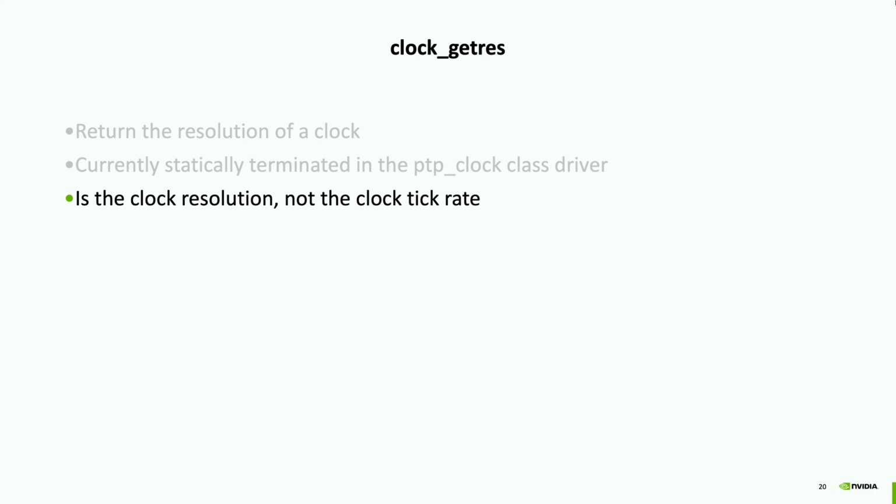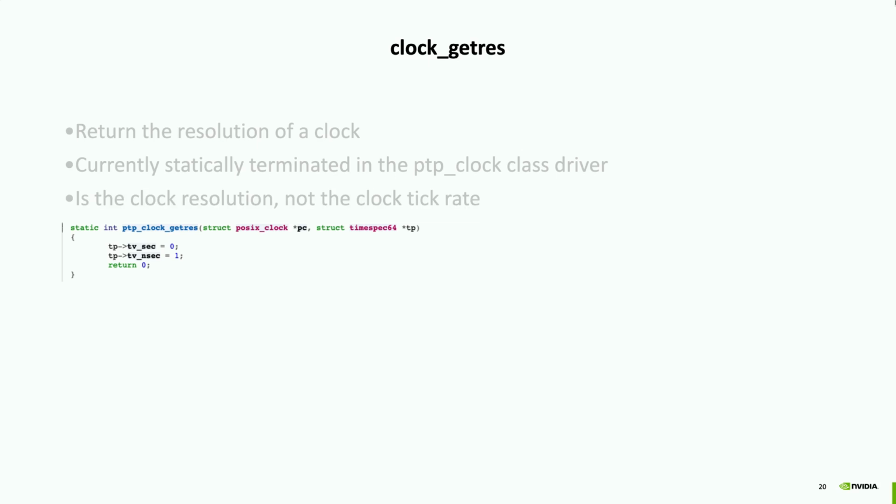So it's not tied to what your clock ticks at, because the devices usually have clocks that tick at 2 nanoseconds, 4 nanoseconds, something like that. So it's not this information, it's the resolution of the clock. If your clock still returns a single nanosecond, it's still valid that it returns 1 nanosecond. So statically, it's just a function in the class driver that returns 1 nanosecond resolution.